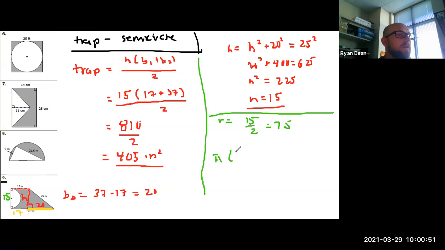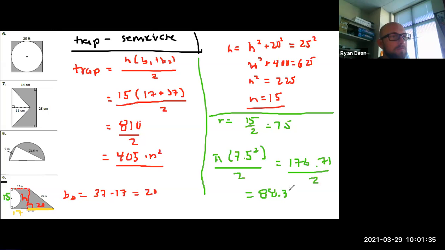So we have pi times 7.5 squared divided by 2. 7.5 times 7.5 is 56.25. 56.25 times pi is 176.71, divided by 2. That's 88.35.